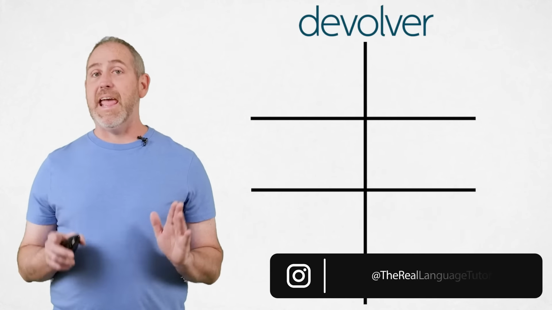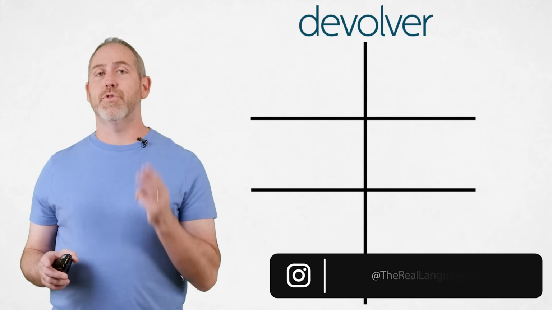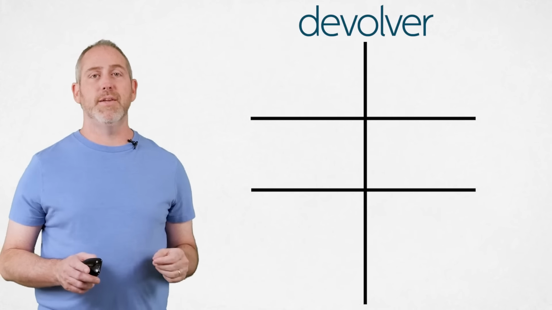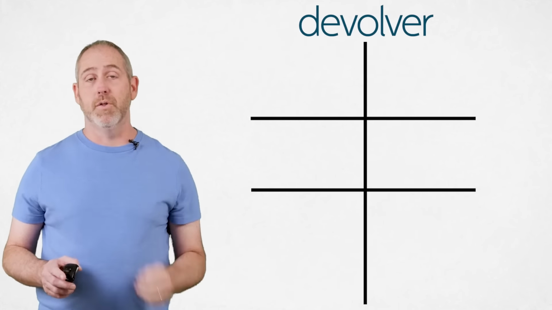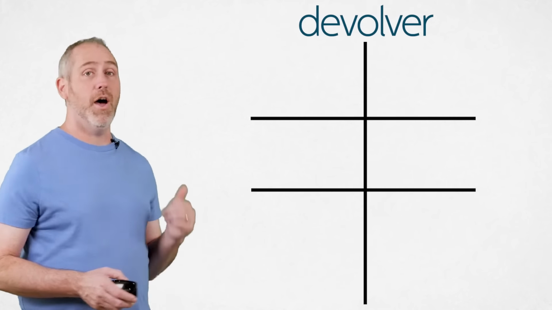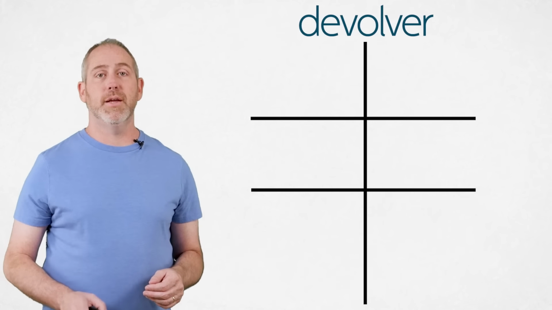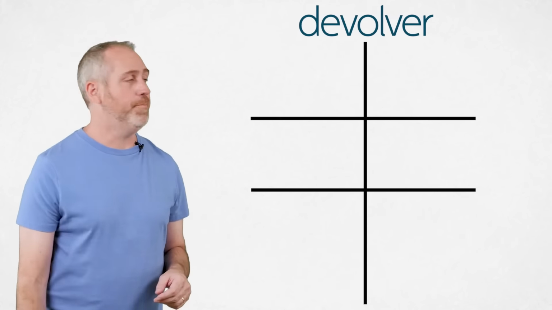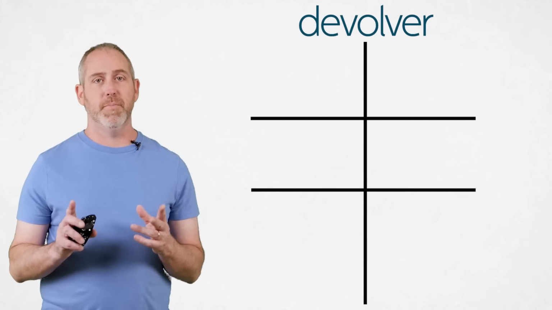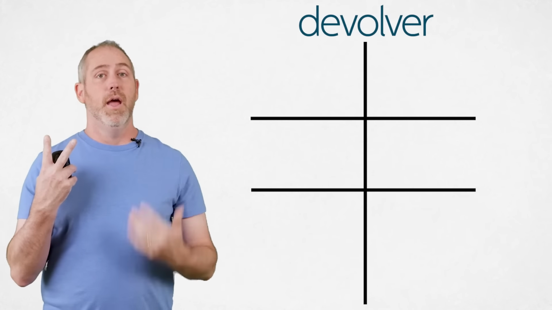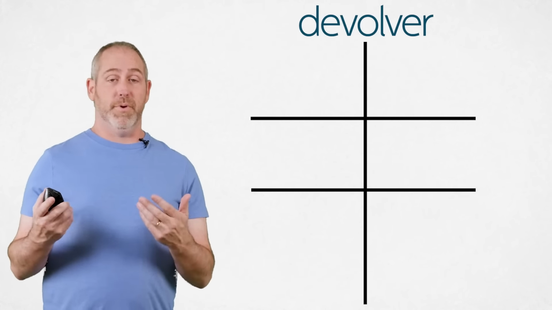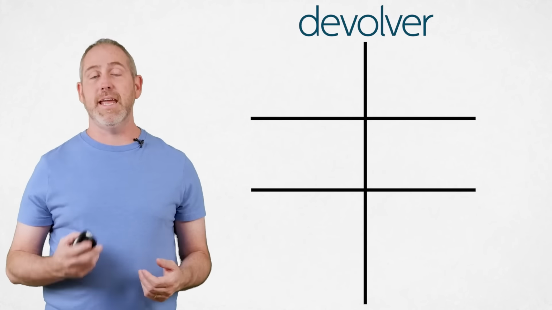Now let's look at devolver. We have a 3-syllable verb now. So let's think about the rule for 3 syllables. The stem change occurs in the middle syllable. All right. Let's look at what that vowel is. It's an O. So we know it's going to be a stem changing UE type, okay? If you think about this, it works out the same as volver, because once we put the DE on it, and it becomes the second syllable that we stem change in, it really does end up being just like volver with a DE in front of it.